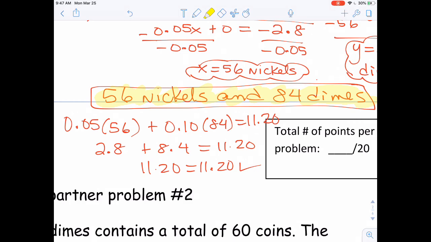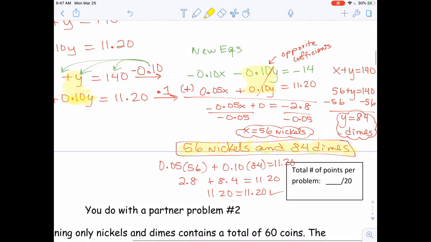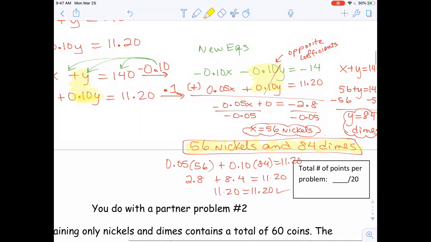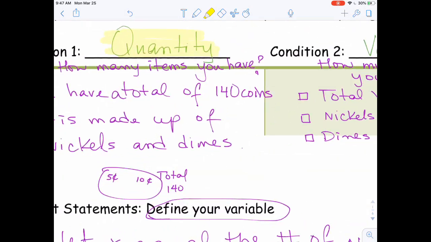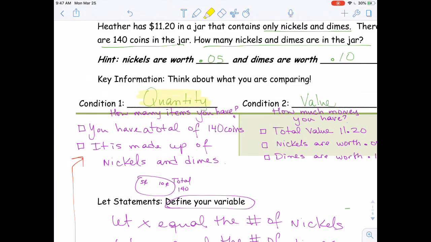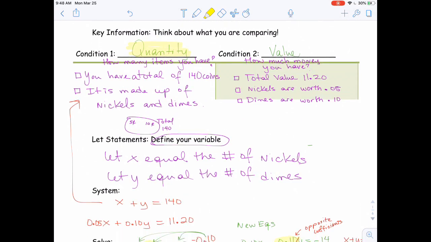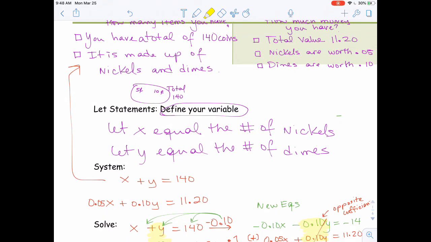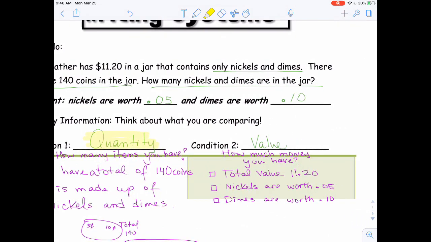So just to recap, when you do system of equations, you want to identify the conditions, and usually there are two. Sometimes it's about quantity, sometimes it's about value. And then you try to define your variable based on what you're missing. It tells you how many.